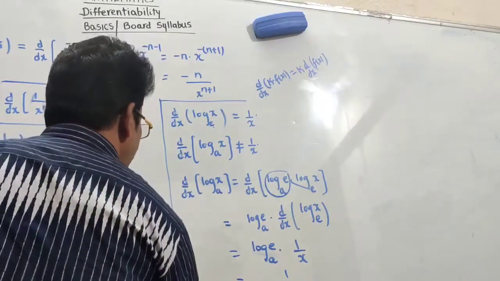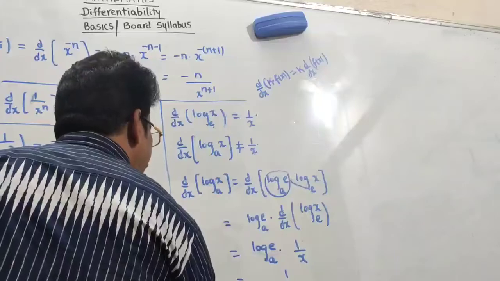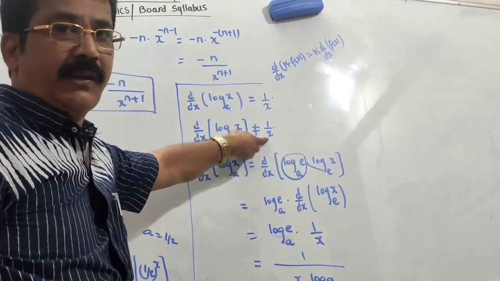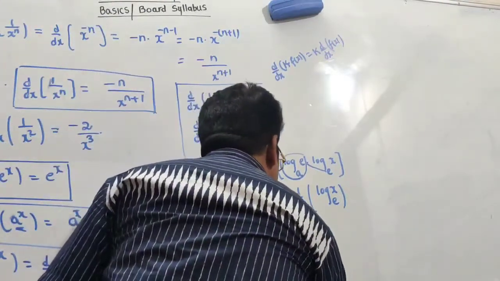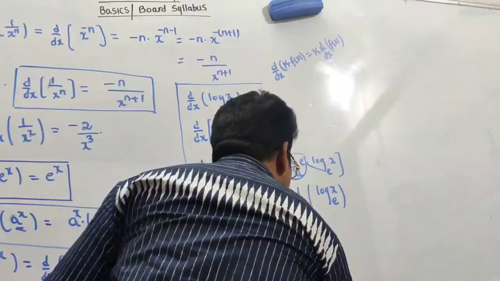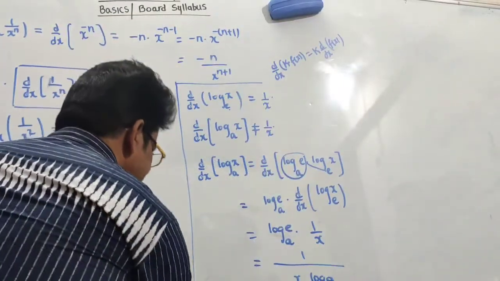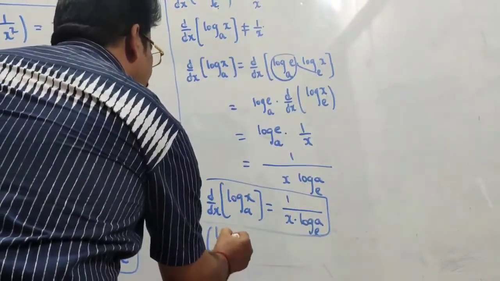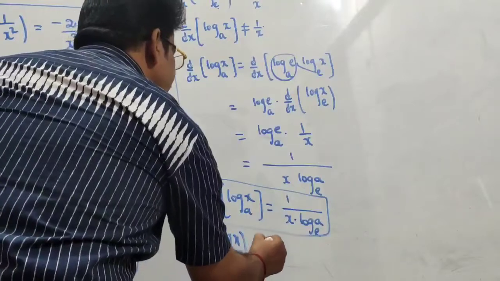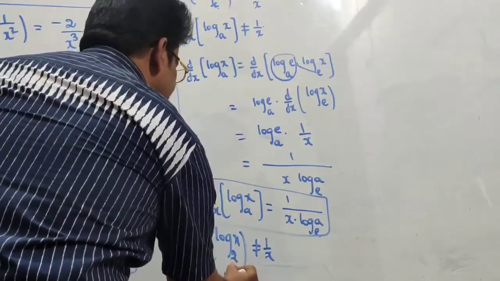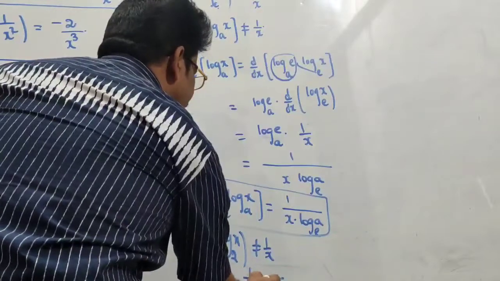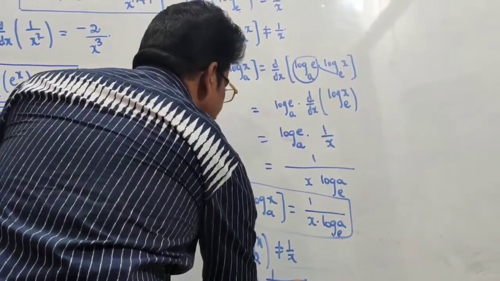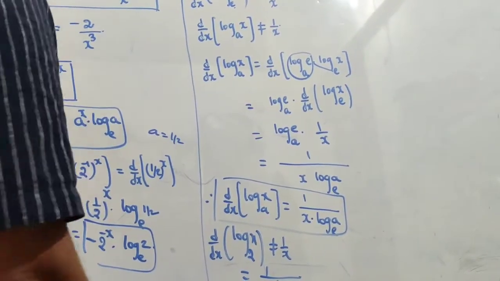Therefore d by dx of log x to the base a is not equal to 1 by x, but it is 1 by x into log a to the base e. This is one formula. For example, d by dx of log x base 2 is not equal to 1 by x, but it is equal to 1 by x into log 2 base e. This is all about the derivative of log x.